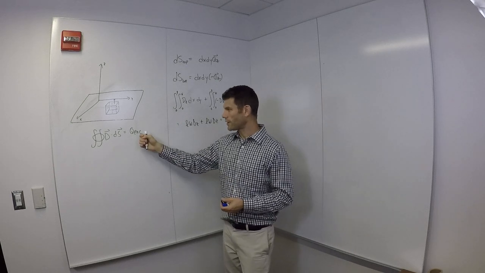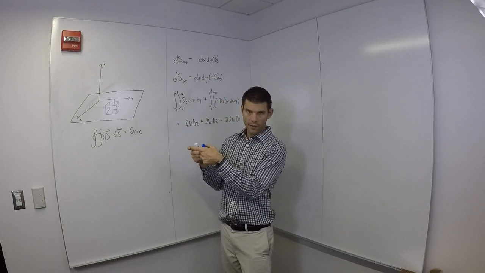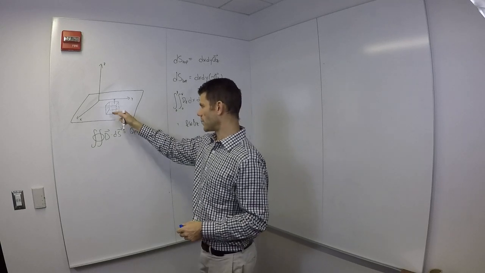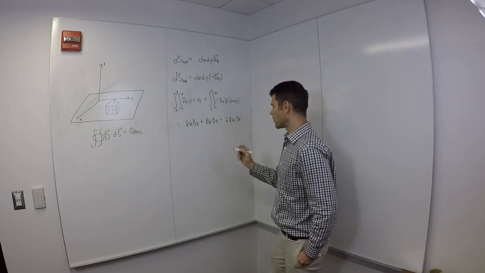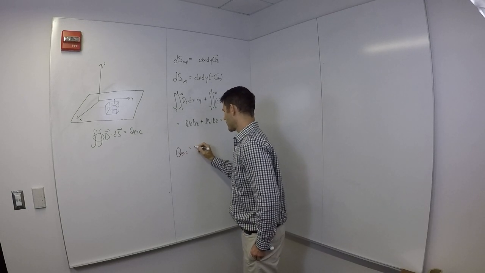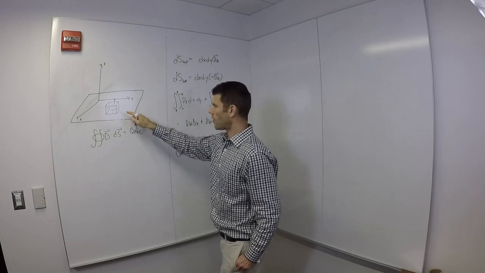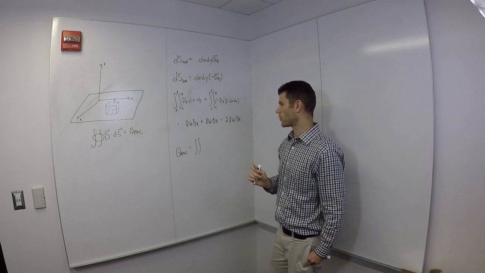Now, let's find out what is the charge that's enclosed in that little space right there, enclosed by the Gaussian surface. Okay? So for the charge enclosed, what we have to do is add up all the little differential charge particles in there.